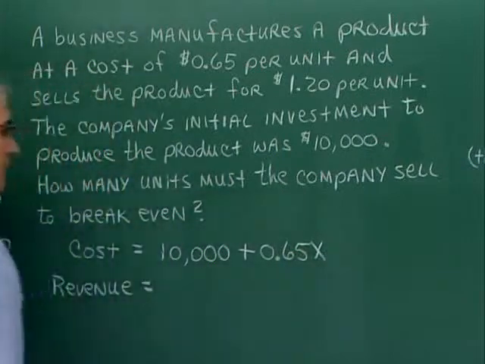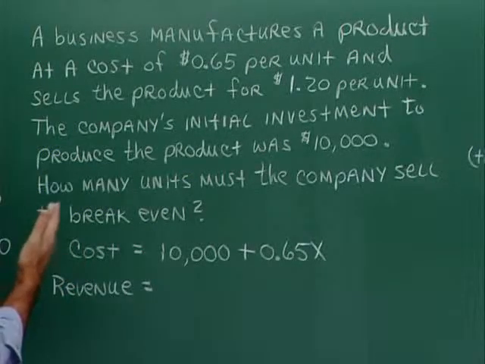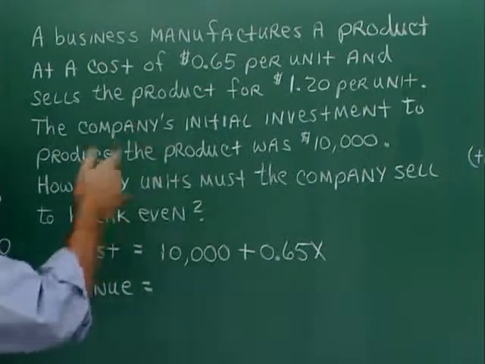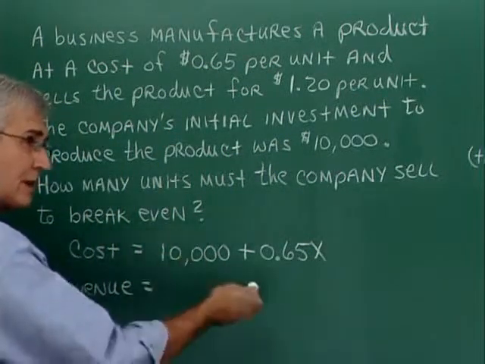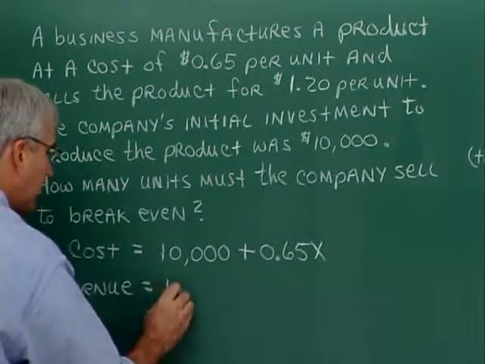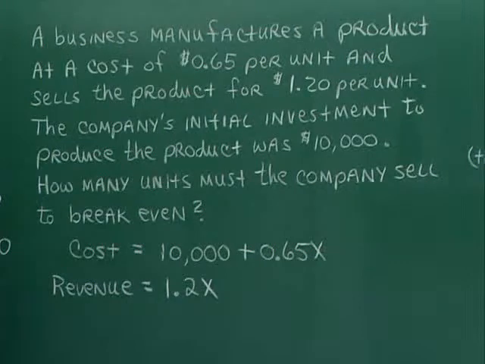And x is the number of units here. Now there's a revenue equation that can be generated here, and it comes from the sales of the product, or $1.20 per unit. So the revenue equation is $1.20 times x number of units, or 1.2x. So fairly simple. They're both linear here.